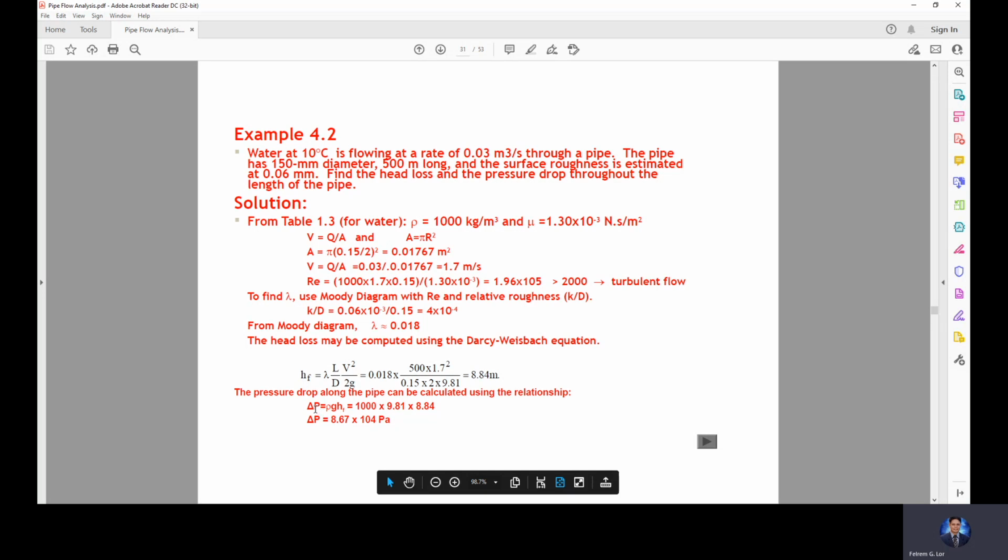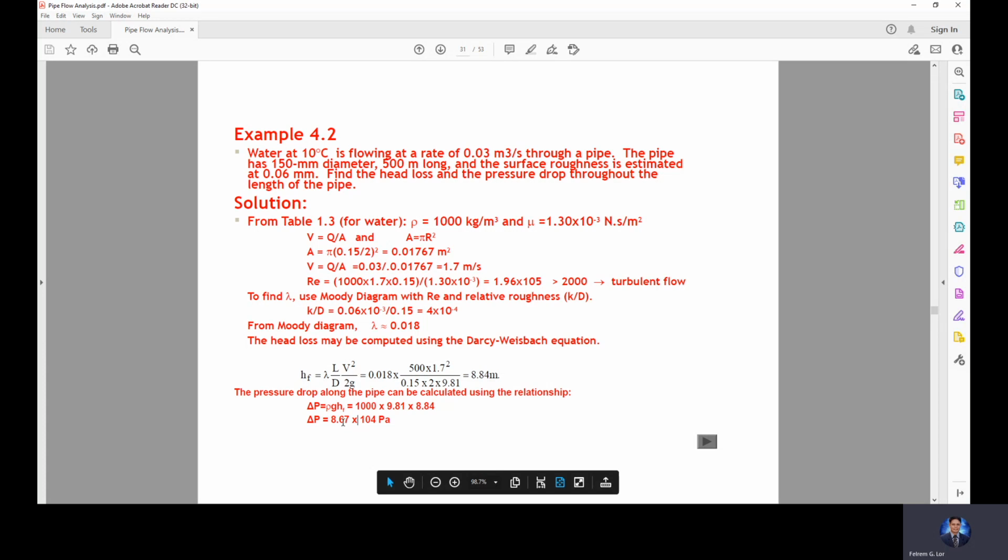So for the change in pressure, we multiply gamma times H. Gamma is density times 9.81, times the head loss of 8.84 meters.